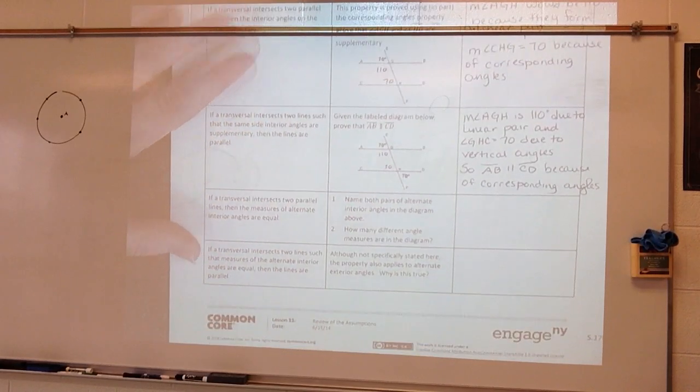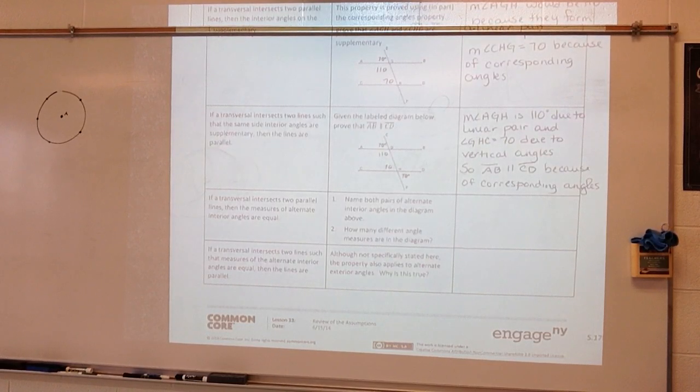Okay? If a transversal intersects two parallel lines, then the measures of alternate interior angles are equal. It says name both pairs of alternate interior angles in the diagram above, and how many different angle measures are in the diagram.